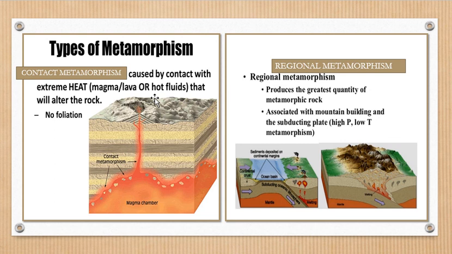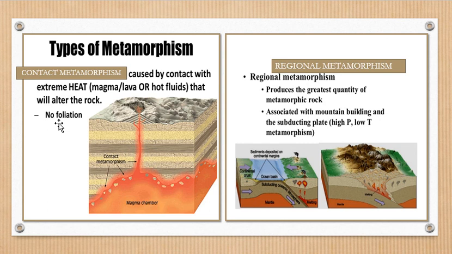The rocks will be altered or changed and become metamorphic rocks. In this type of metamorphism, the metamorphic rocks will have no foliation. I will show you later a picture of foliated and non-foliated metamorphic rocks.